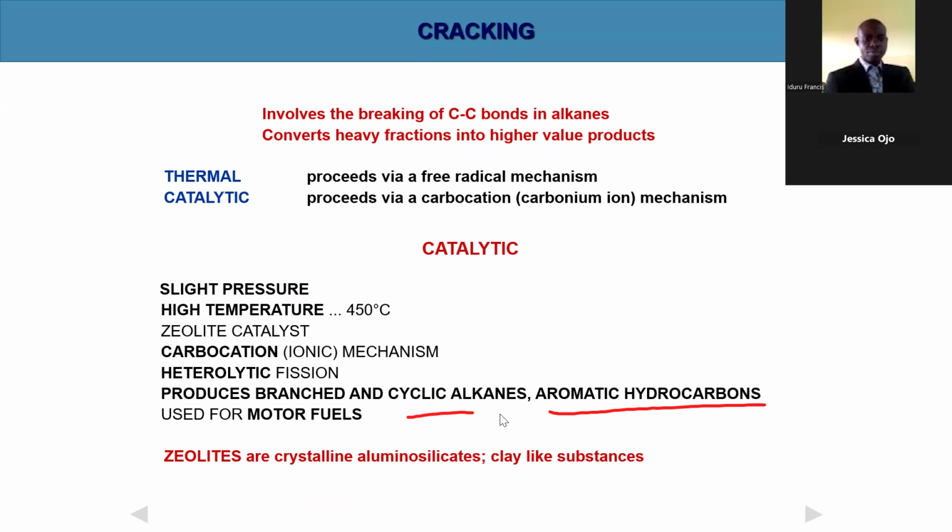But nobody will be asking you about all of these until you get to 200 level in university, where you do the advanced one. The zeolite is simply an aluminum compound, aluminosilicate zeolite catalyst.